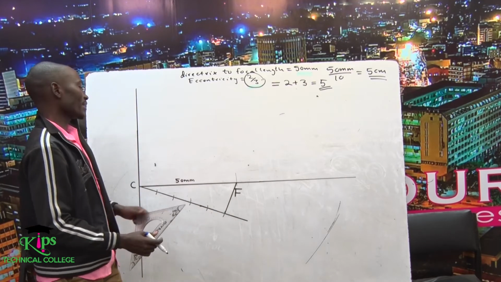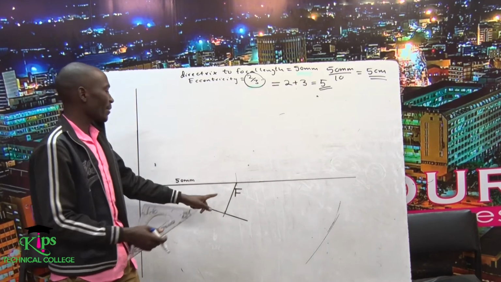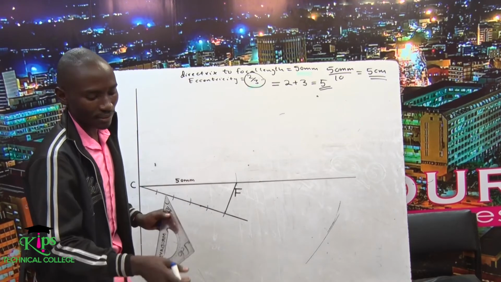Like that. Then now you draw lines that are parallel to this line using your set squares.